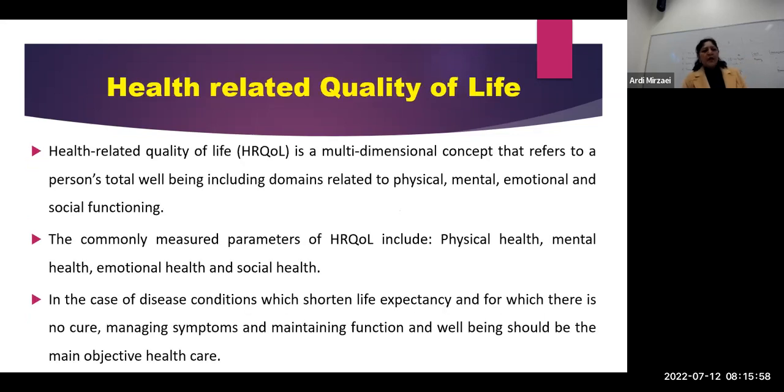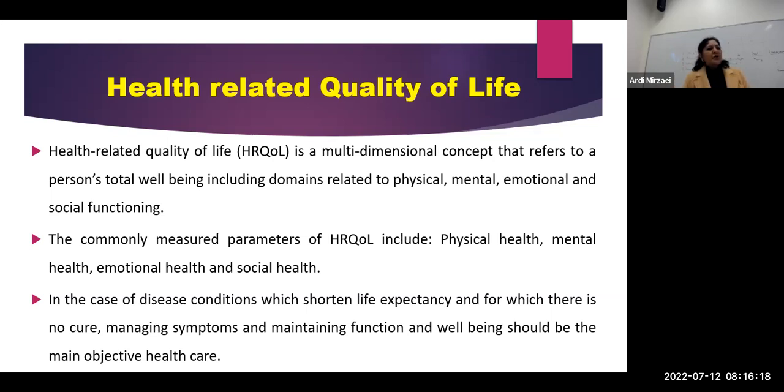So what is this HRQOL? Health-related quality of life. This is a multidimensional concept that refers to a person's total well-being, including domains related to physical, mental, emotional, and social functioning.